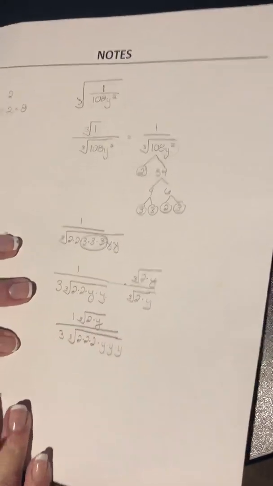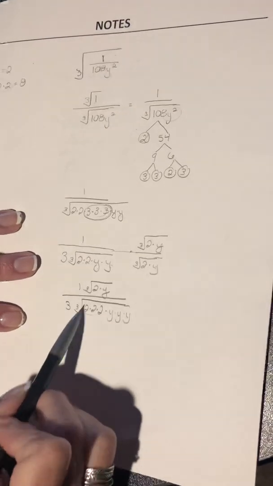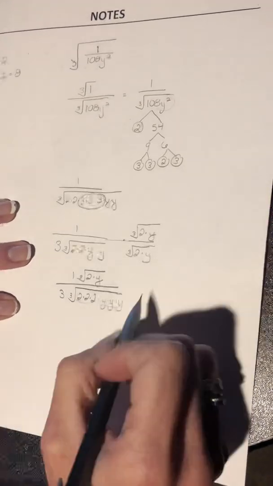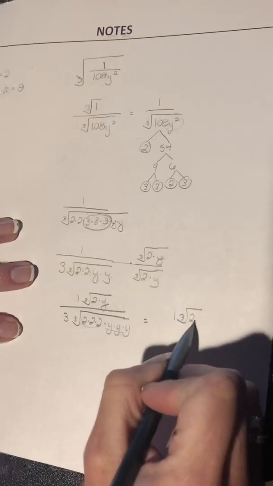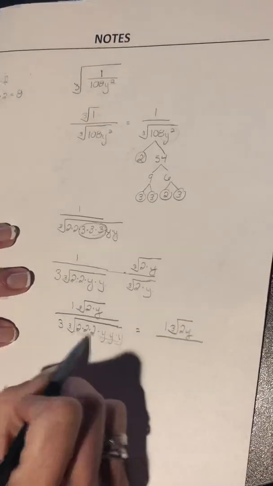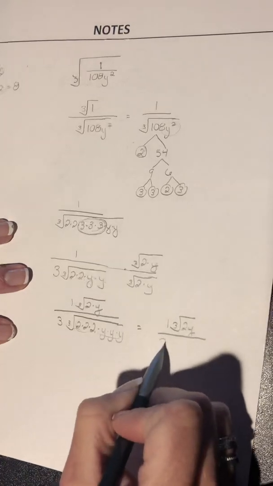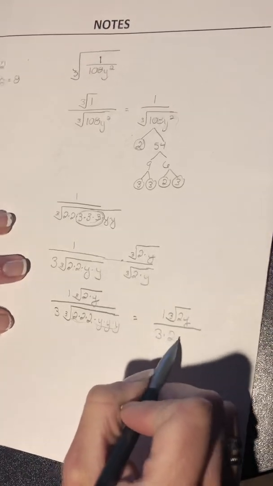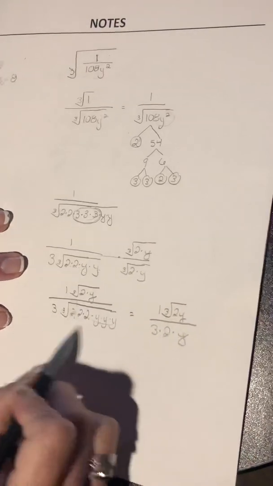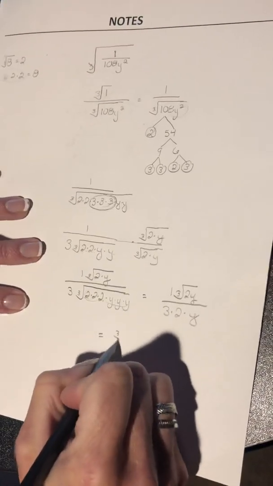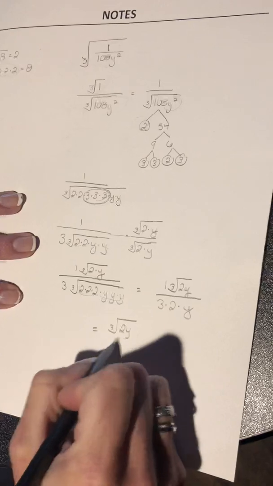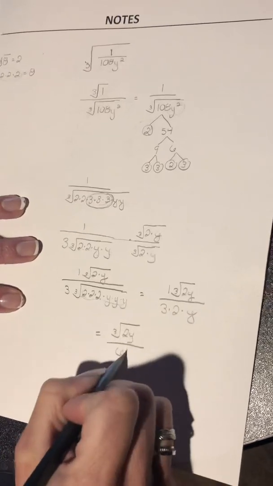And what I did was I created 2 cubed roots. So those can now move outside of my radical because they are perfect cubes now. I have groups of 3. So those are no longer inside of a cubed root. So if I simplify one more time, I have the cubed root of 2y over 6y.